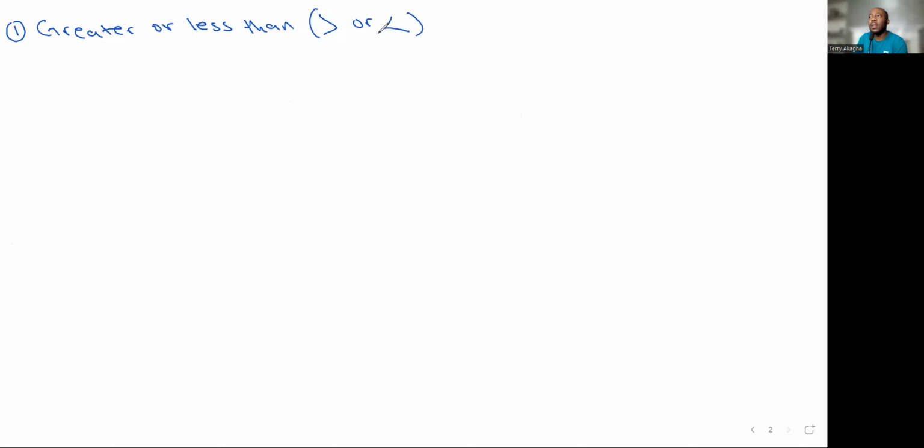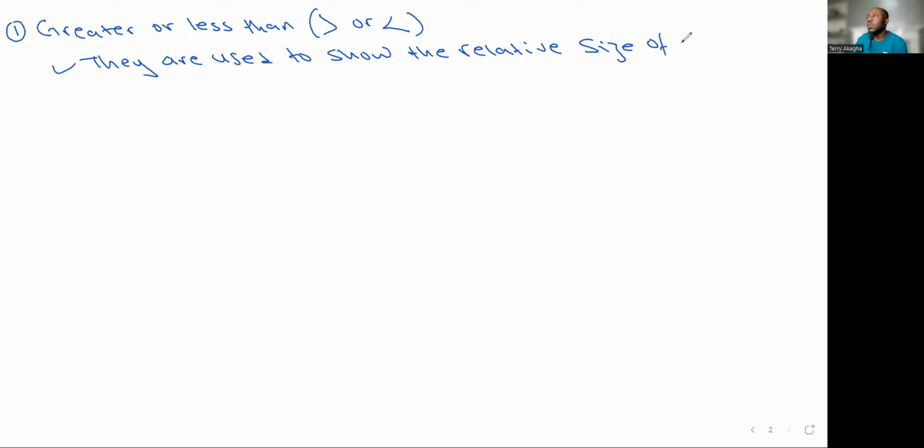So greater than or less than symbols are used to show the relative size of numbers, or some people can call it set of numbers.